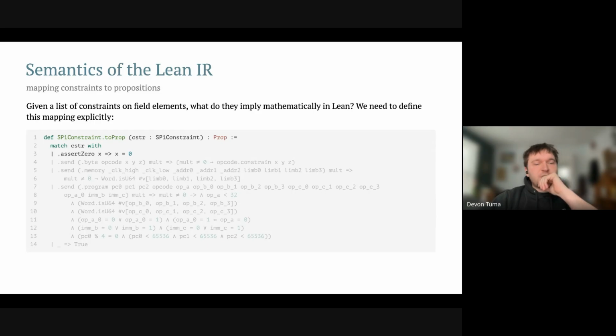The most obvious one is if we have a constraint that asserts that something is zero, that just maps to the proposition that that thing should certainly be zero. And then we have a few other slightly more interesting ones. SP1 has some byte tables that it uses for a number of operations. So the constraints for those need to come from lookups.